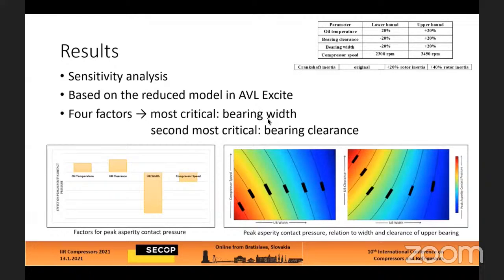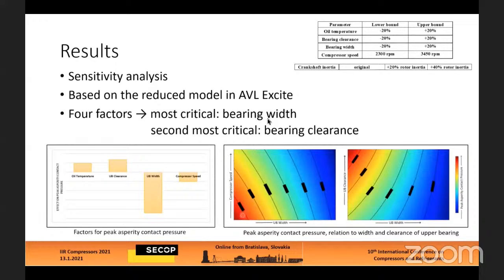And you can see here on these 2D plots as well that the color scale is the asperity contact pressure, and here we see the upper bearing width, for example, and then the compressor speed, in this case, going up.